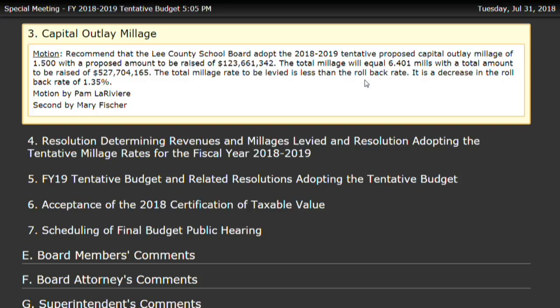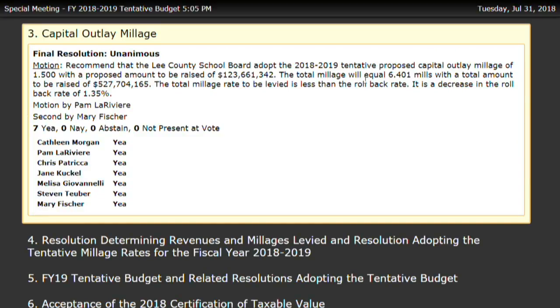Board members, you've heard the superintendent's recommendation. Is there a motion to approve? So moved. Moved by Ms. LaRiviere, supported by Ms. Fisher. Any discussion? All those in favor, please record your vote. Motion carries 7-0.